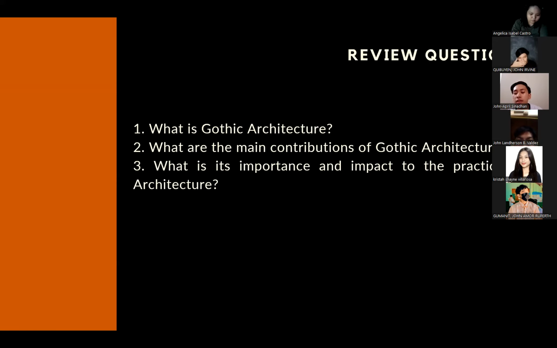Another point is that the decoration and mural during this era would normally depict stories from the Bible. The use of stained glass was evident, and the elements that were introduced during the Gothic era were spires, pointed arches, ribbed vaults, and rose windows.